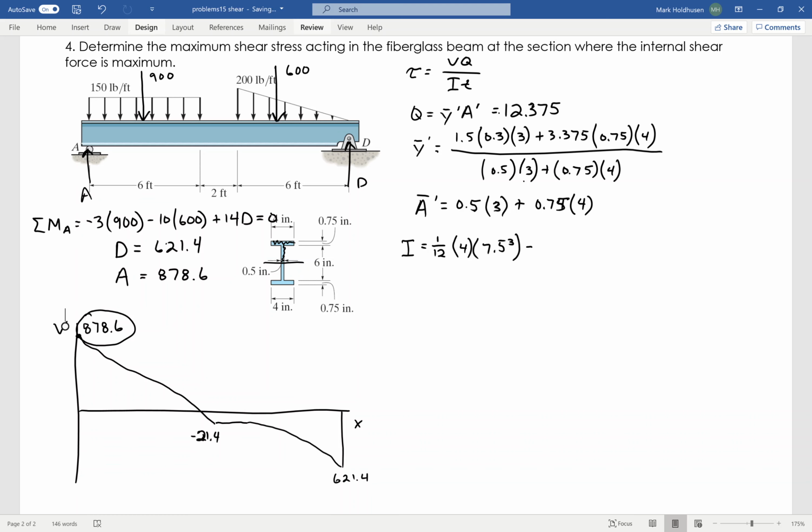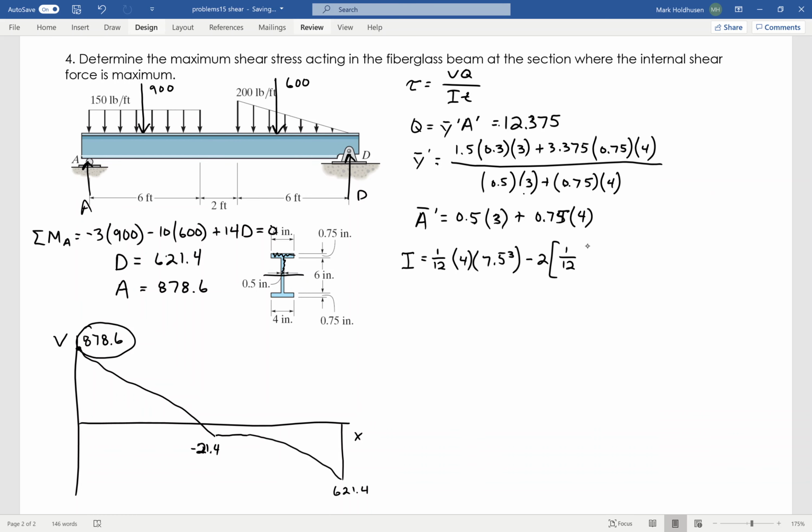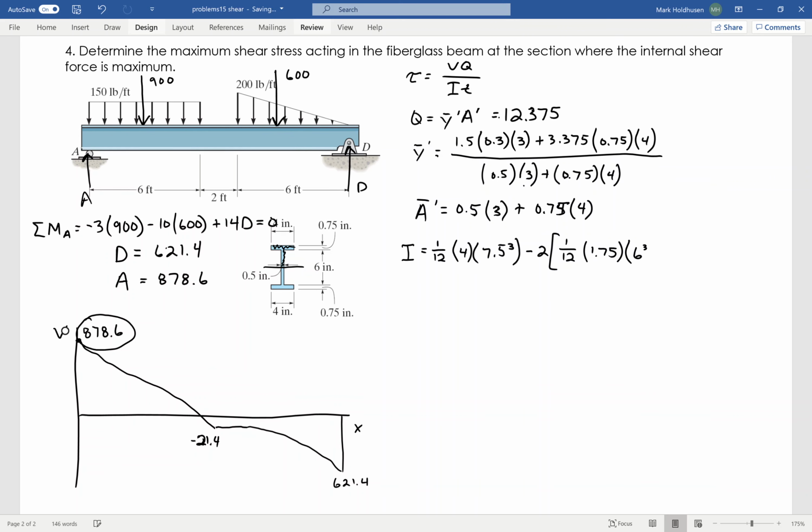So that's going to be minus 2 times 1/12, and then that will be a base of, so it's 4 minus 0.5, so 3.5 of that is 1.75, and then its height is 6 cubed. So again, I subtract off each of those, and what I'm left with is I, which is going to be 77.625.